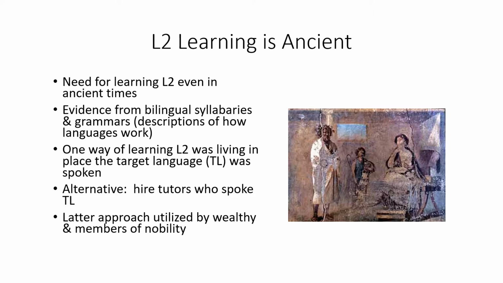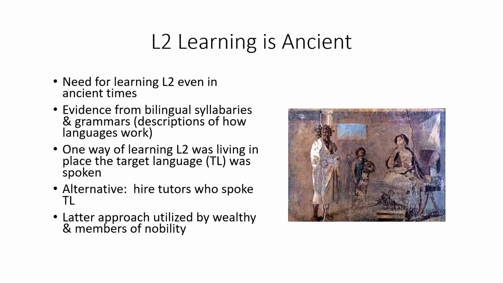One way of learning a language, and probably the oldest and most common way, was to actually live in a place where the target language was spoken. So a person would travel to a new country, would settle there, and would need to acquire a fair amount of language in order to survive.